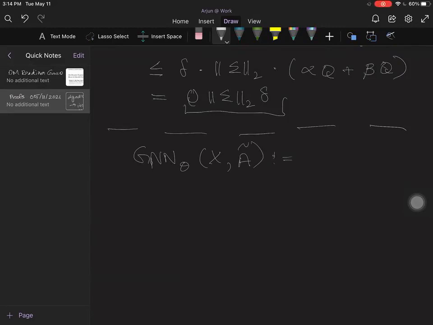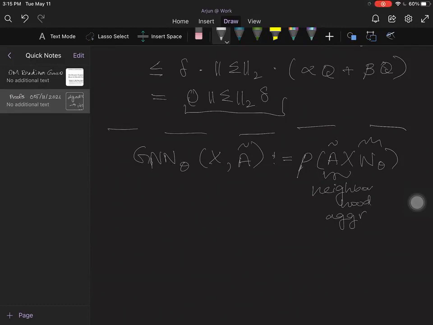And this is going to be equal to rho times this normalized adjacency matrix times the node features times some learned parameters W. And as most of you know, this multiplication between the normalized adjacency and node features is our neighborhood aggregation step. And then we also have our feature embedding phase, which is when we multiply by this learned parameter.